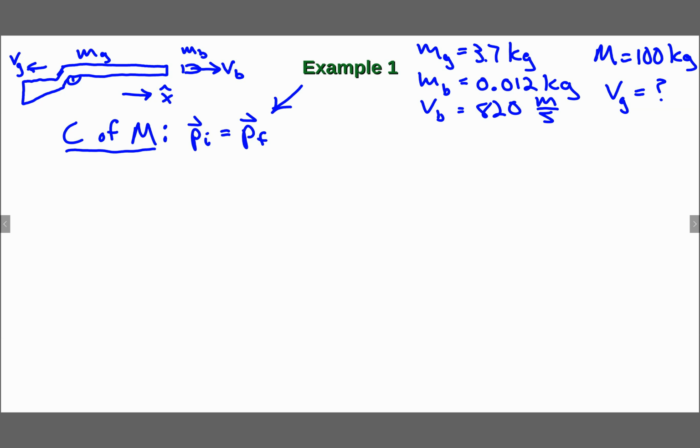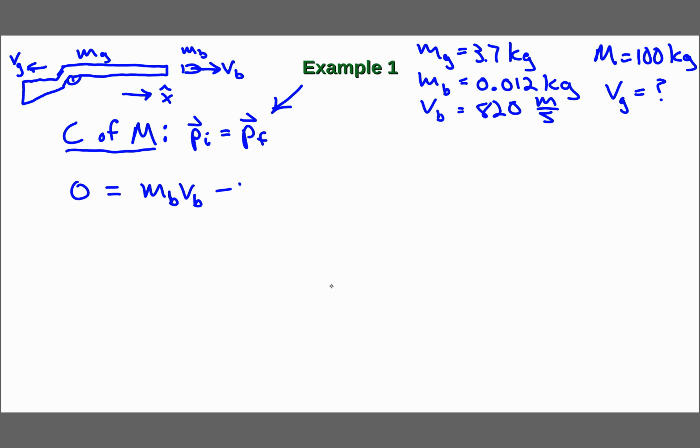So, initially, the bullet is sitting in the gun, we haven't pulled the trigger yet. We have Pi equals 0, right? You're both just sitting still. So the velocity of the gun is 0 initially. The velocity of the bullet is 0 initially, so the momentum of each is also 0 initially. Final, you can see if we have this coordinate system that I've drawn where x hat goes to the right, we'll have the mass of the bullet times the velocity of the bullet. That's the momentum of the bullet going forward.